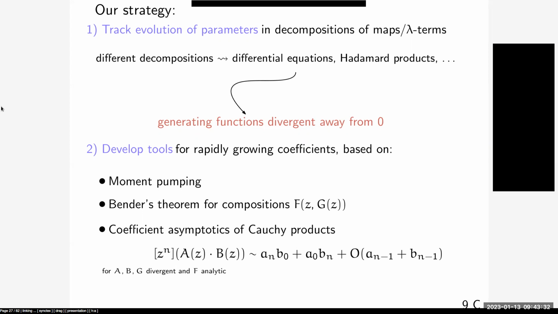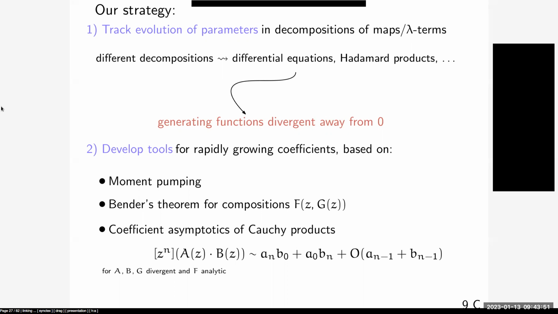So here we are in a very non-analytic place. So we lose access to all the nice tools of analytic combinatorics like singularity analysis and saddle point theorems, etc. And so instead we have to develop new tools and expand existing tools to deal with rapidly growing coefficients.